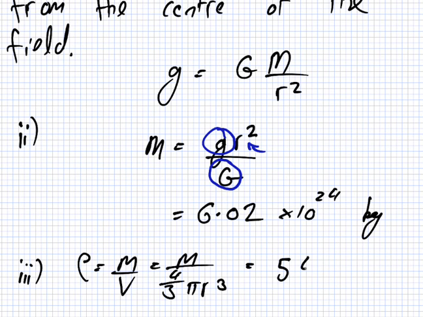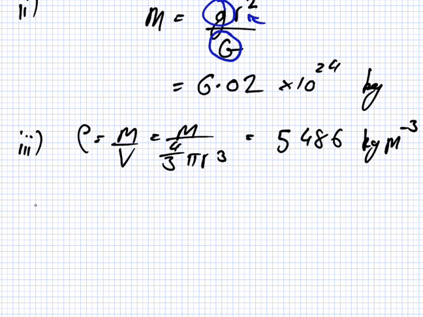I got an answer of 5486 kilograms per meter cubed. Should be more than 1,000 because 1,000 is for water. Just 5 times more? If your mass was 5 times bigger, would we say just 5 times more? Yeah.